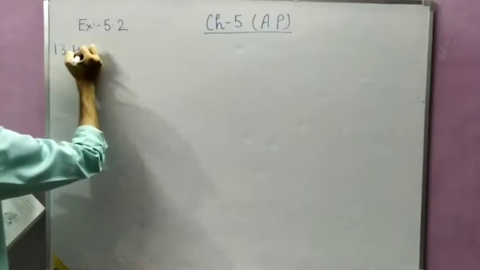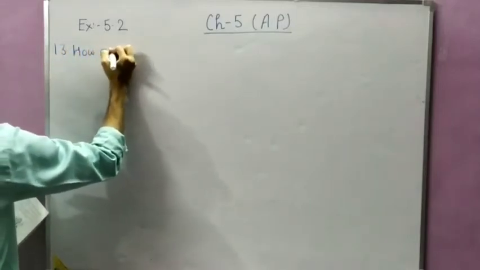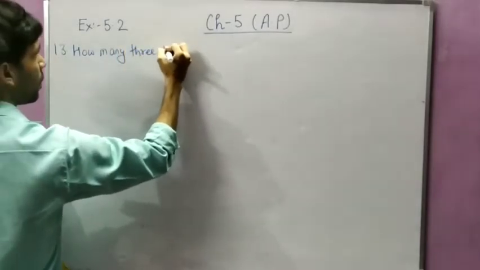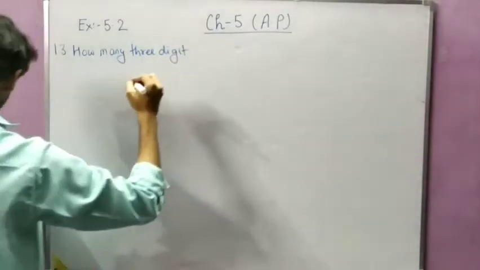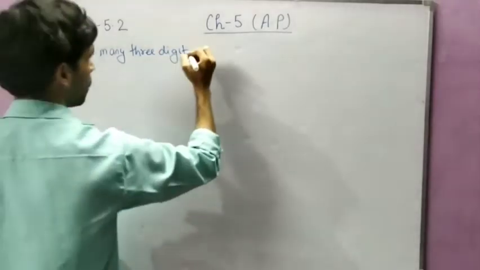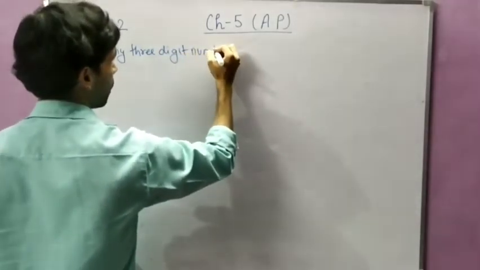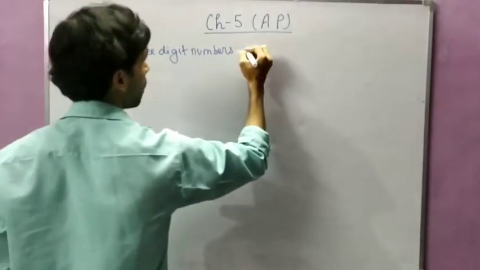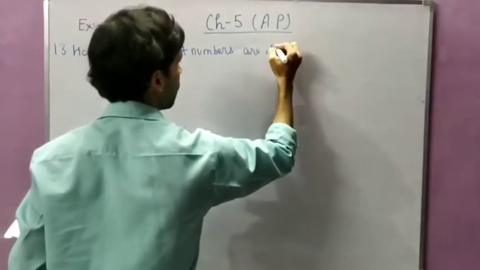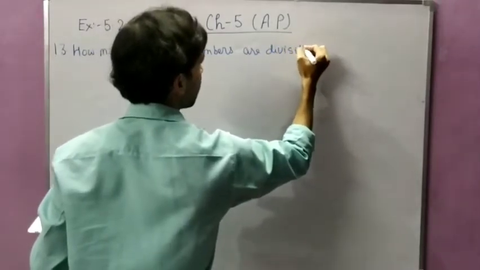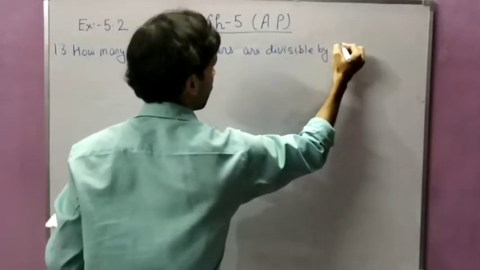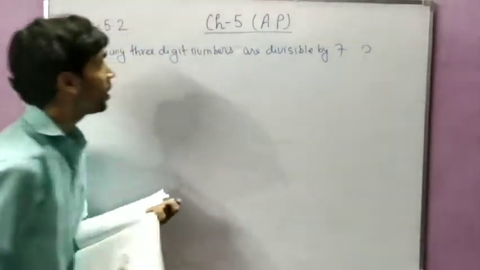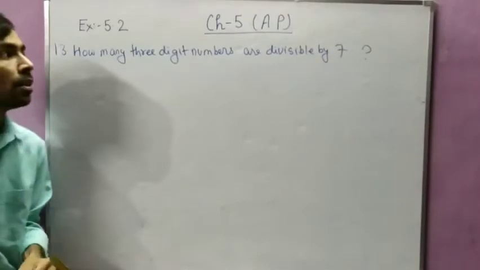How many three digit numbers are divisible by 7? Means how many 3-digit numbers are divisible by 7?